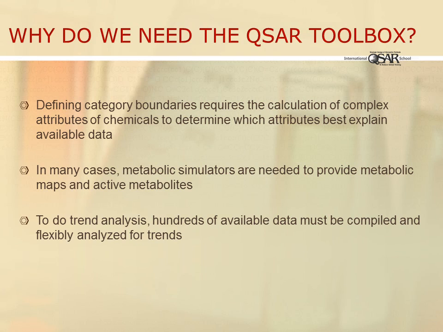And again, to do trend analysis, being able to very quickly produce a graph of available data for lots of different endpoints, and then pick and choose different molecular descriptors to see if you can find trends and judge either the dissimilarity of the compound or to be able to justify particular groups of chemicals as a category needs to be done flexibly and simply.